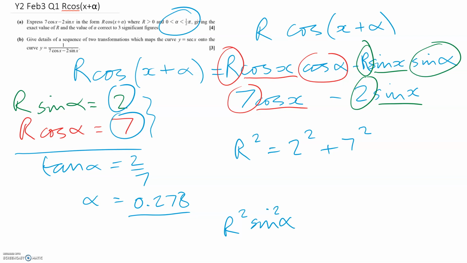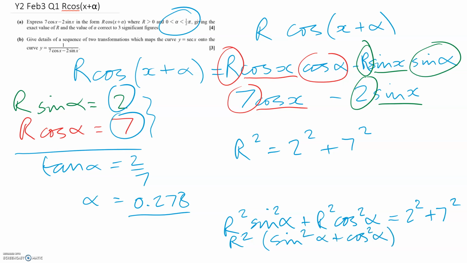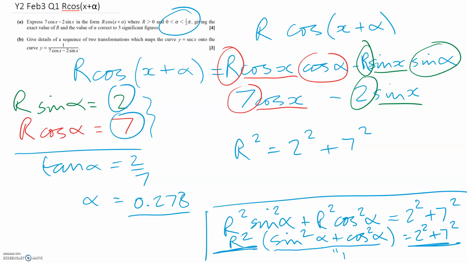If we square the bottom equation, we get this, and so that will equal 2 squared plus 7 squared. And if we take out the r squared here, we've got sin squared alpha plus cos squared alpha equals 2 squared plus 7 squared. So in other words, since this equals 1 here, that means that r squared will equal 2 squared plus 7 squared. So anyway, we didn't really need to do that.